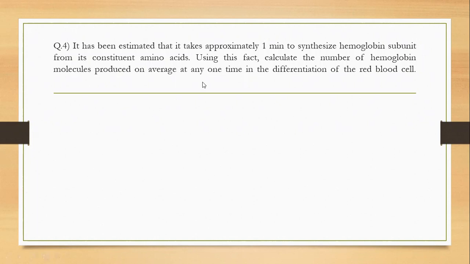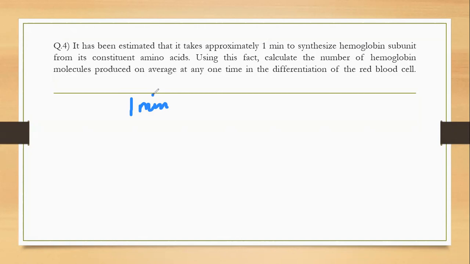Now the next. It has been estimated that it takes approximately 1 minute to synthesize a hemoglobin subunit from its constituent amino acids. So it is given that it takes around 1 minute. Using this fact, calculate the number of hemoglobin molecules produced on an average at any one time in the differentiation of the RBC.